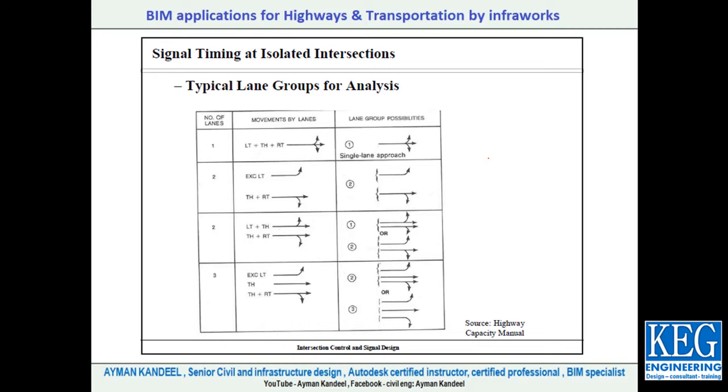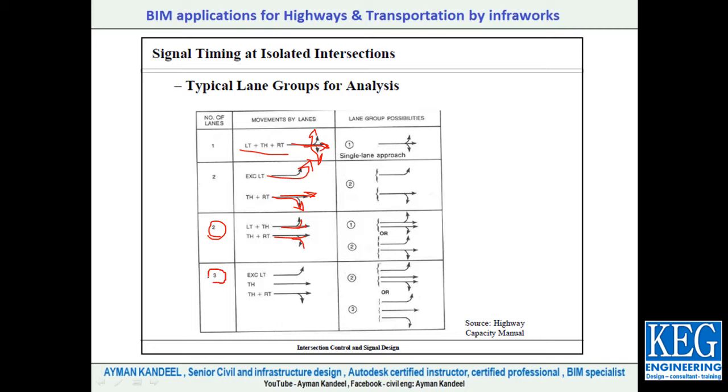So if we combine movements by lanes, left turn plus through plus right turn, it will be straight, turn left, turn right. Excluding the left turn or right turn plus through, and in the case of 2 lanes, left turn plus through, right turn plus through.